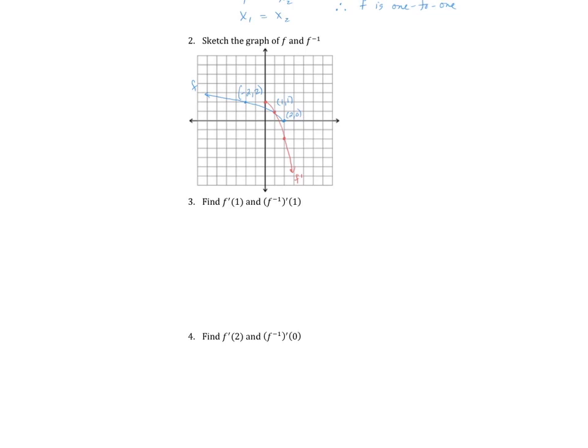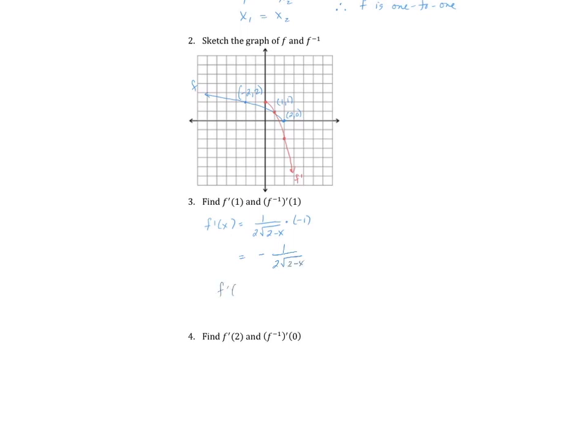So if we wanted to find the derivative of f evaluated at 1, the derivative of my function is equal to 1 over 2 times the square root of 2 minus x times the derivative of what's underneath the square root, which is negative 1. Or in other words, negative 1 over 2 times the square root of 2 minus x.